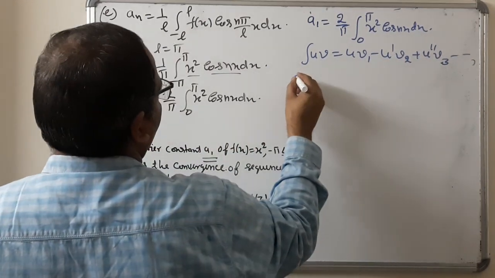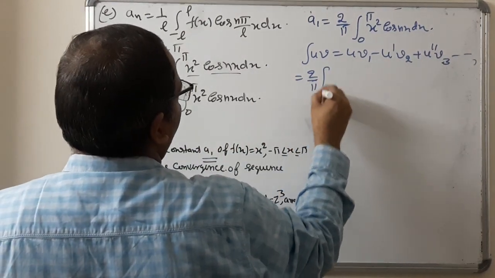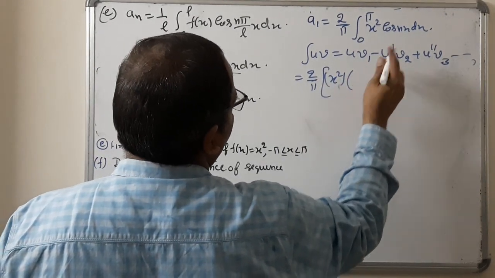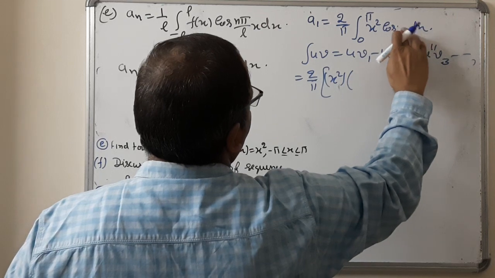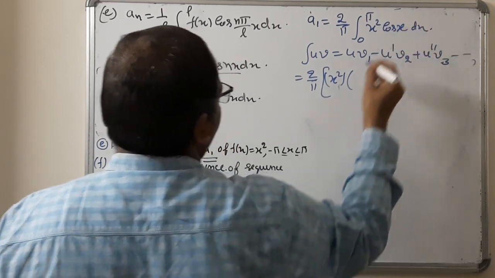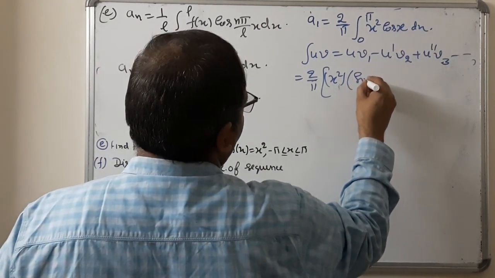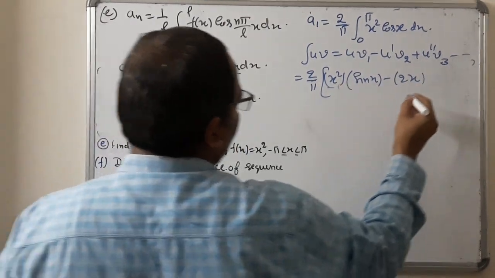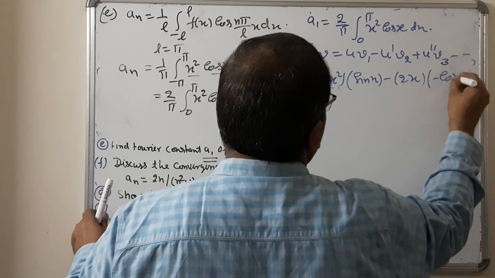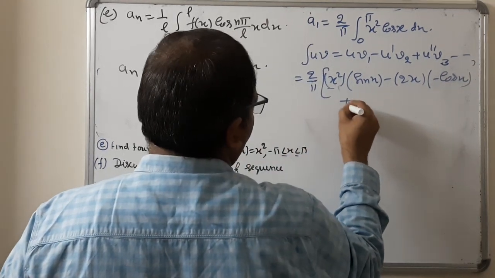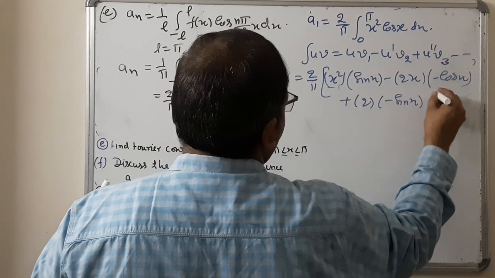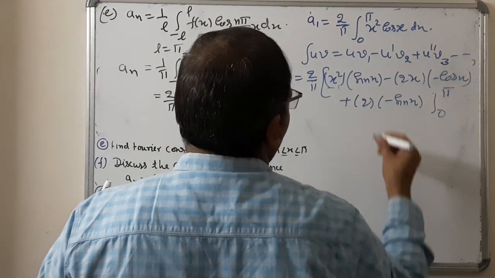We get 2 upon pi, x square is u, integration of cos nx. n's value is 1, so this is basically cos x. Integration of cos x is sin x, minus differentiation of x square, 2x, times minus cos x, and plus 2 times minus sin x. Put limits from 0 to pi.